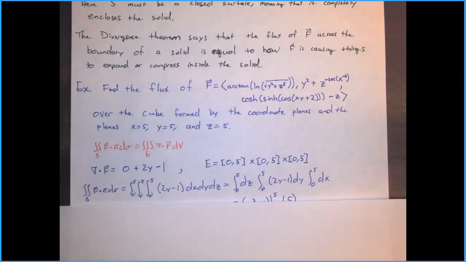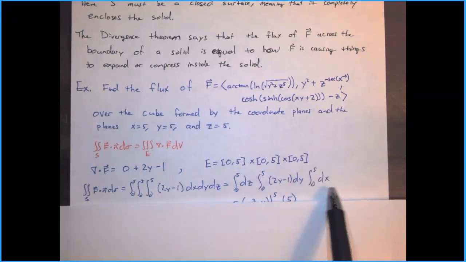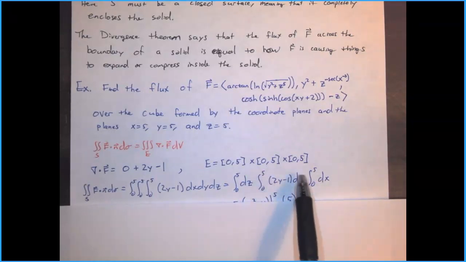And I can completely separate this integral. This 2y minus 1 is just a function of y. So then I can think of it being multiplied by 1 as a function of x and 1 as a function of z and just completely separate it. So I'm integrating 1 with respect to z from 0 to 5, integrating 1 with respect to x from 0 to 5, and integrating 2y minus 1 with respect to y.